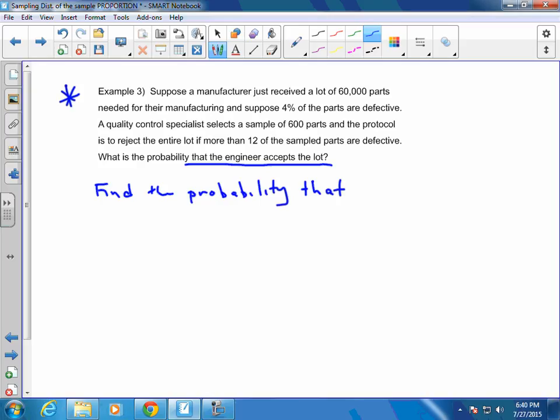So find the probability that p hat, our sample proportion, is less than or equal to 12 defects out of 600 sampled parts, which if you turn that into a decimal, is 2%, so 0.02.